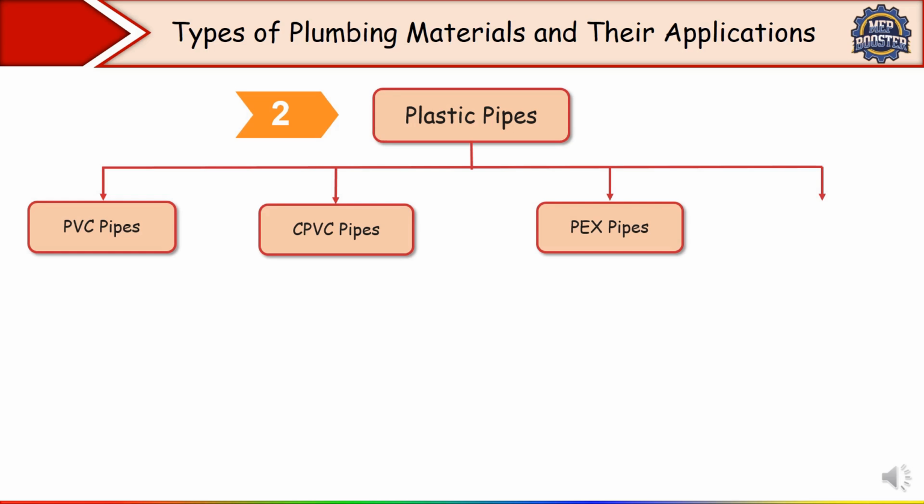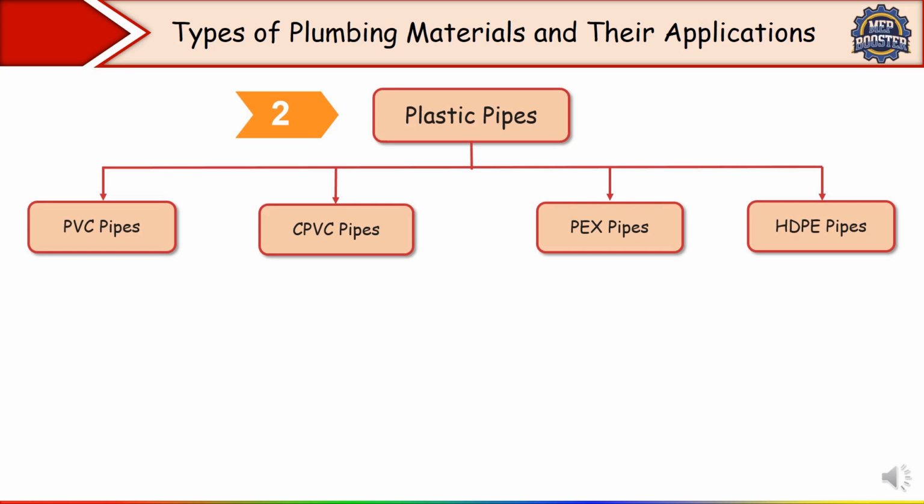But one limitation is that it is sensitive to UV light. So PEX pipe is not suitable for outdoor exposed installation, because it is sensitive to UV light. Remember this thing.